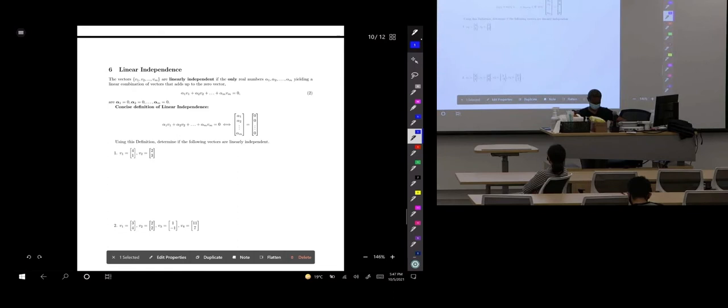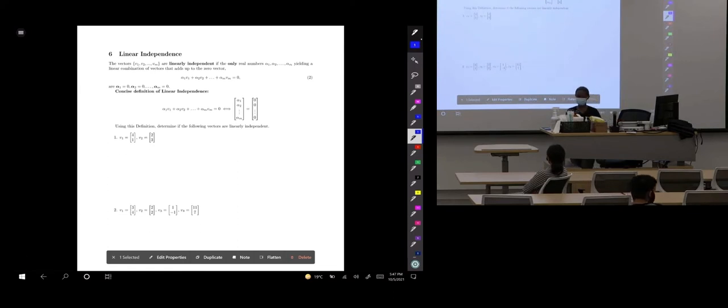Awesome. Perfect. We're going to move on to linear independence. So what does it mean when we say that vectors are linearly independent? So I think y'all learned about this and you wrote a function that would check whether vectors are linearly independent in lab. Is that correct? Yeah, okay, cool. So just another review here.